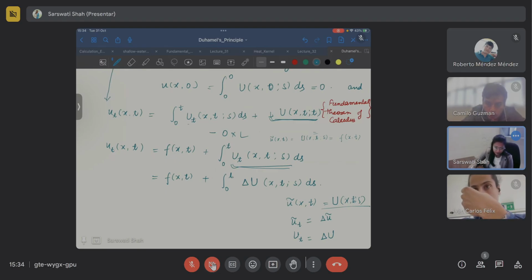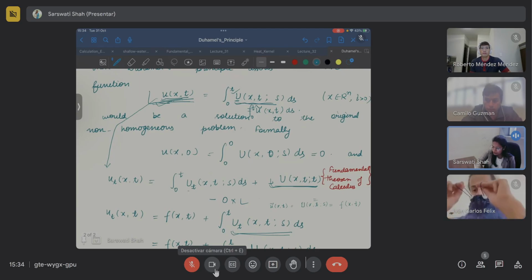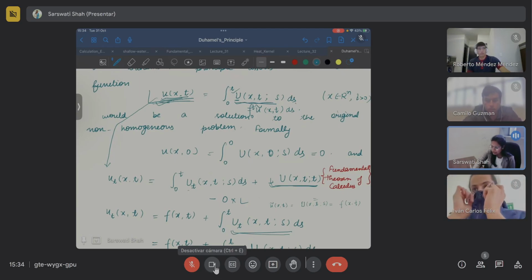If I am saying that u(x,t) is this, and this is the derivative with respect to time, and this is the space derivative, can we say that the derivative can be passed inside this integration?